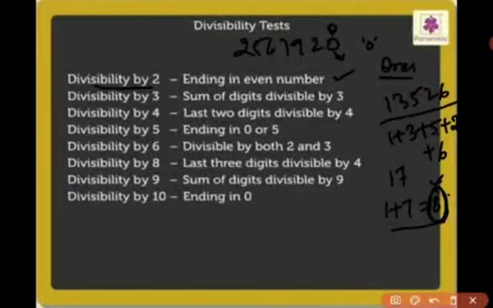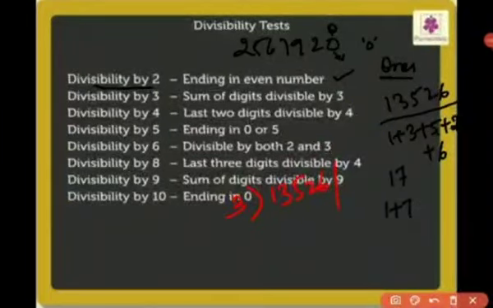Since this is not divisible by 3, you say that this whole number is not divisible by 3. You want to check whether 13526 is divisible by 3 or not? Check this one. 13526, if you're dividing by 3, 3 4s are 12, 1, 15, so I'll take 5 down. 3 5s are 15. This is 0.